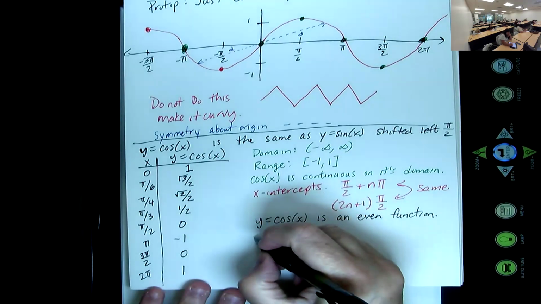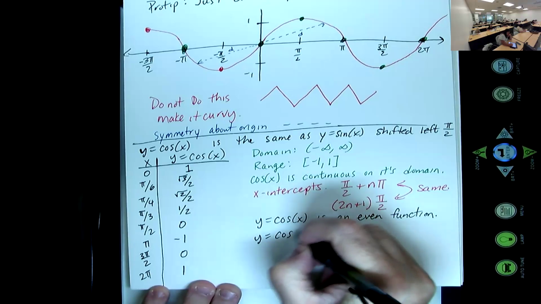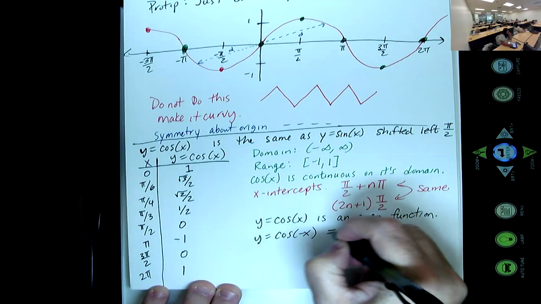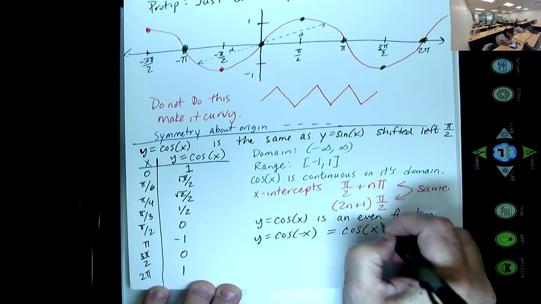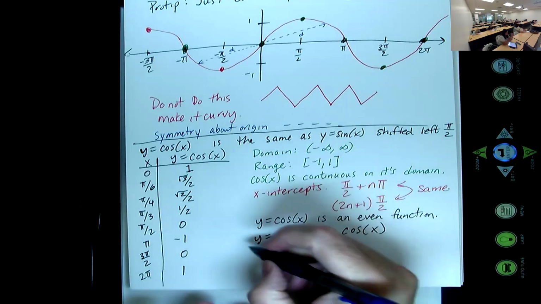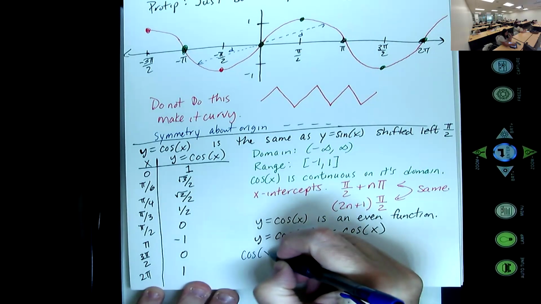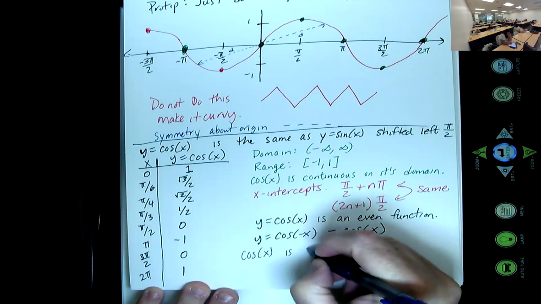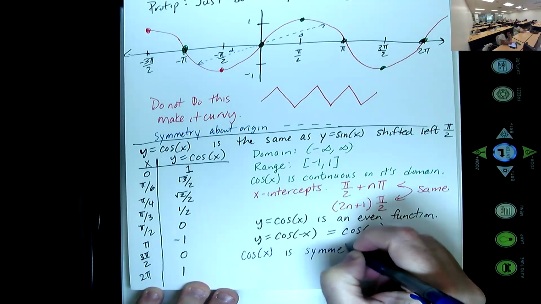When we stick in a negative x here, it's the same thing as not having a negative in at all. And this creates a symmetry about y. Cosine x is symmetrical across the y-axis.